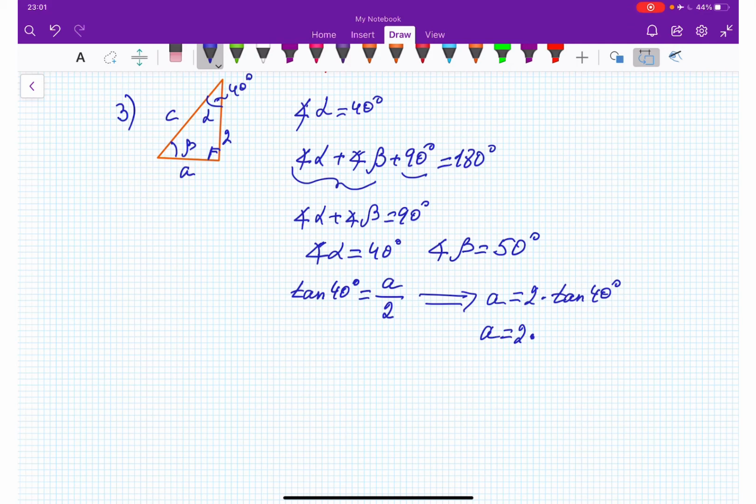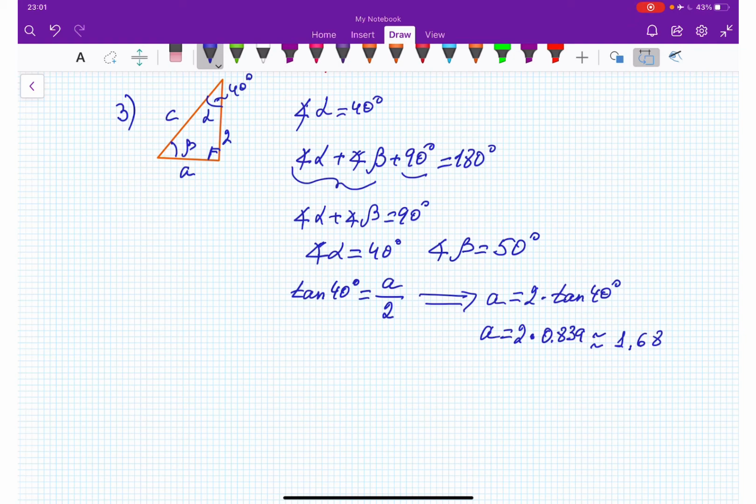You type 40 first and then you choose tangent, and I'm getting 0.839. So now I need to multiply by 2 and the result is going to be approximately 1.68. Okay, so this is side A, leg A.